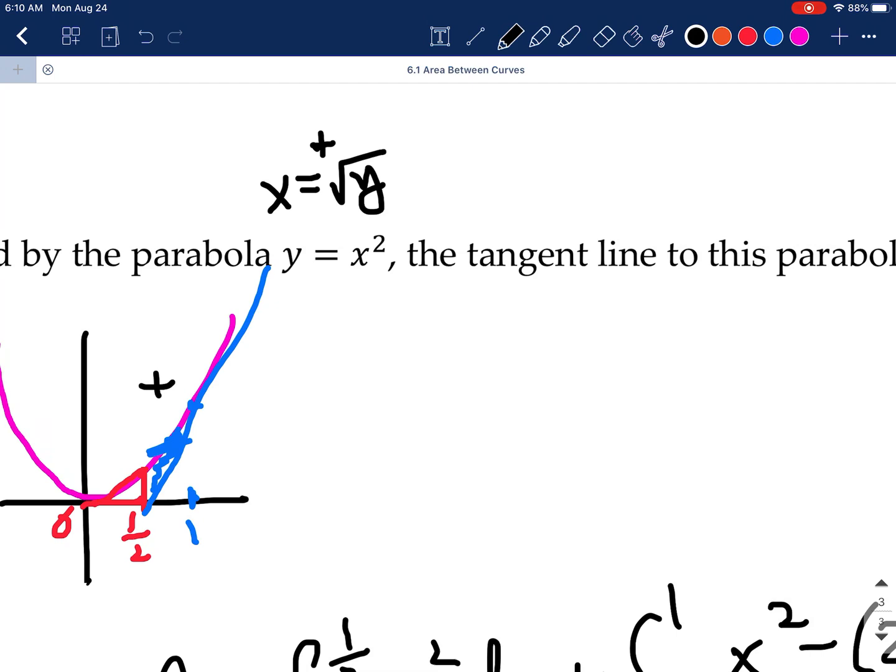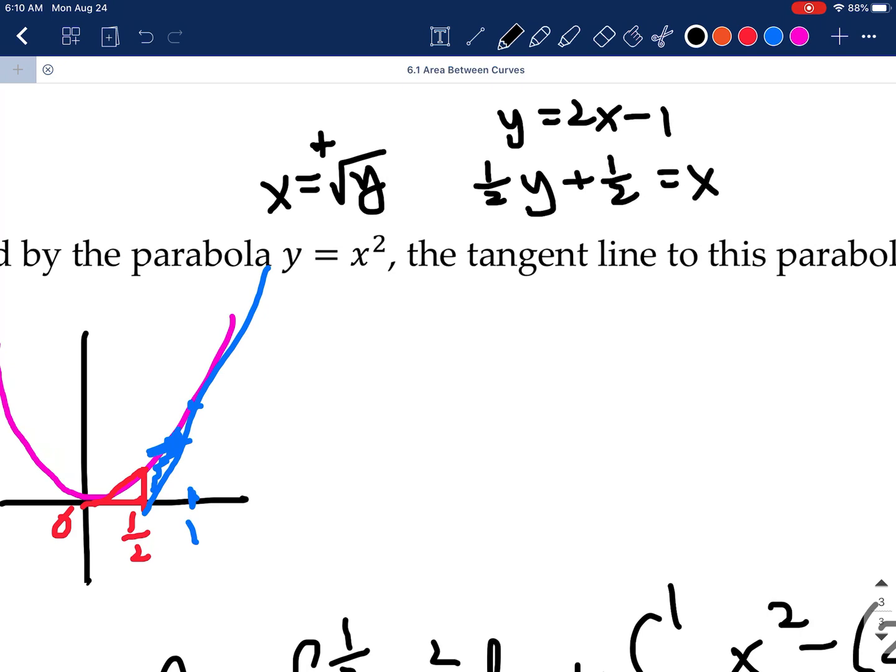Right, so x is always positive. And then my 2x minus 1 would become 1/2 y plus 1/2 equals x. So I could do right minus left also. And the boundaries would be the same. You'd still be integrating from 0 to 1.